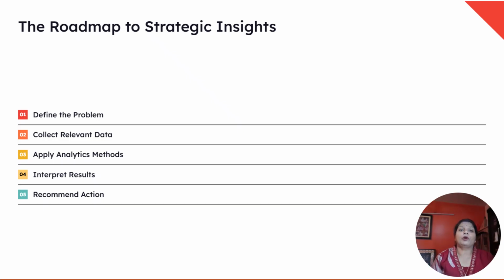A well-defined problem sets the direction for the entire analysis. The second step is to collect relevant data. At this stage, the focus is on identifying and gathering only the data that is directly related to the problem. More data is not always better. It should be relevant, updated data, which is the key.